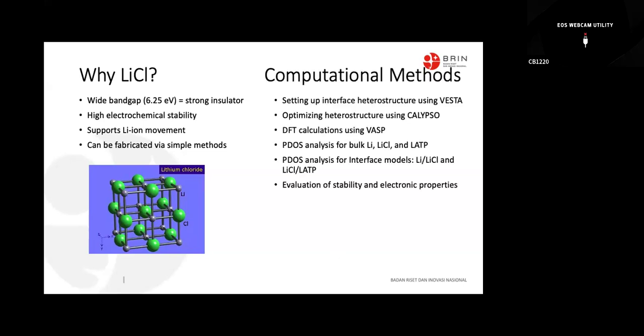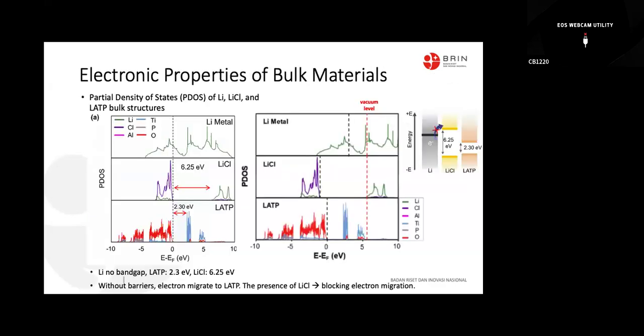The computational method we are using is, first, setting up the interface heterostructure using VESTA, and then optimizing the heterostructure, and then the DFT calculation using FAST, and then partial density of state analysis of lithium, lithium chloride, and LATP. And then we also do analysis on the interface model. And last is evaluation of stability and electronic properties.